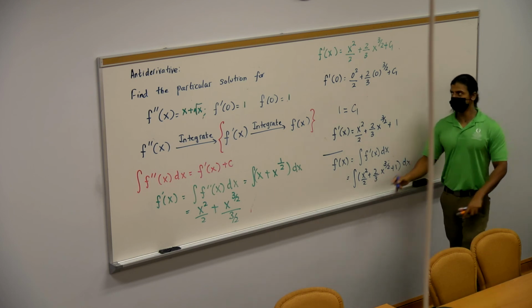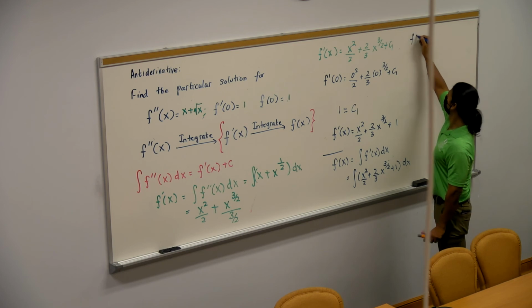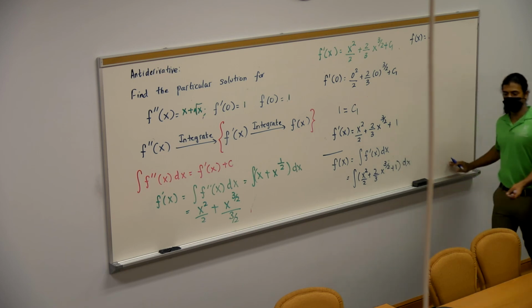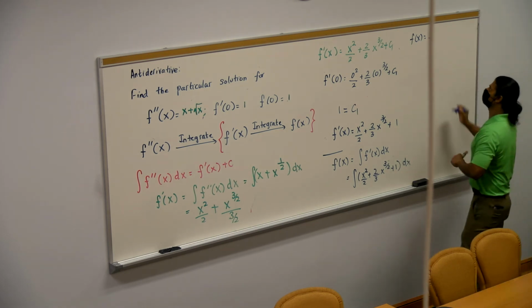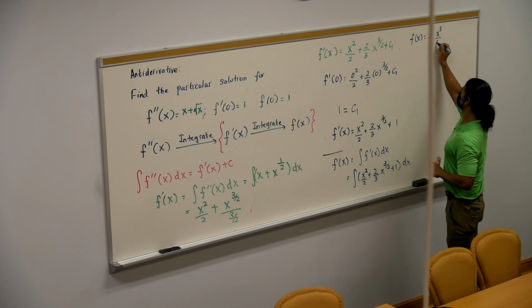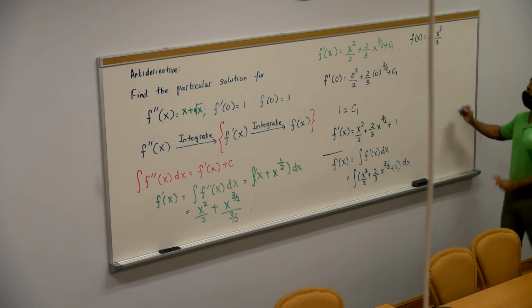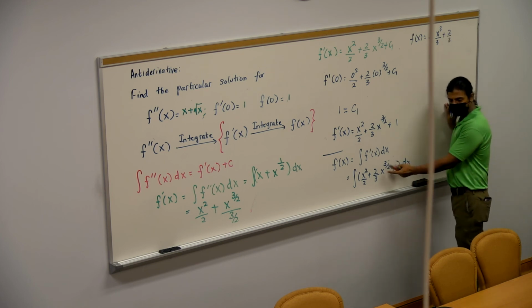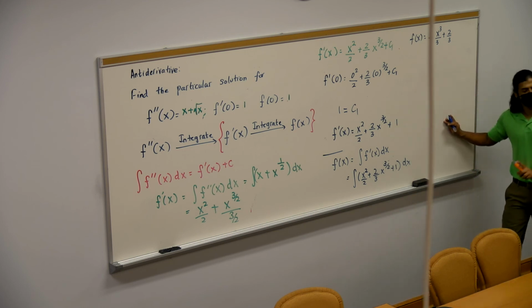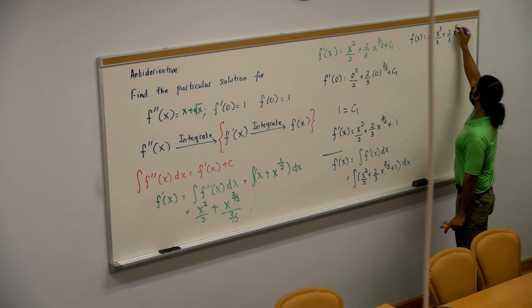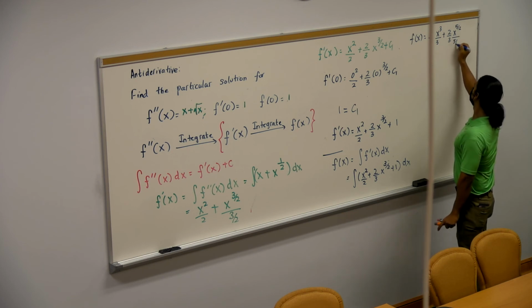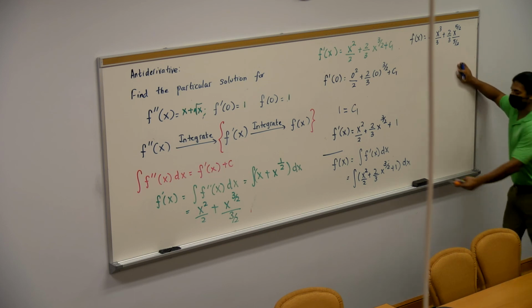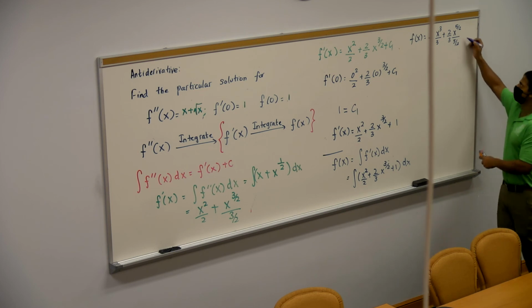We already have 1/2, so I'm going to keep that 1/2. X raised to the power 2, so you add 1 to 2, you get x cubed divided by 3, plus 2/3. The power is 3 over 2. 3 over 2 plus 1 is 5 over 2. X raised to 5 over 2 over 5 over 2. The integral of 1 is just x.